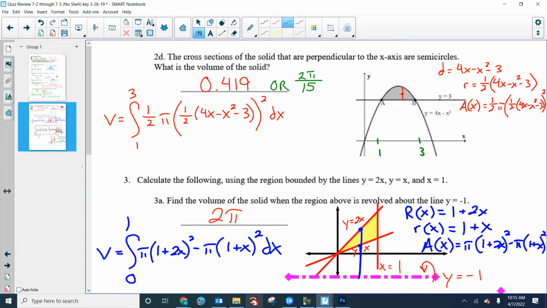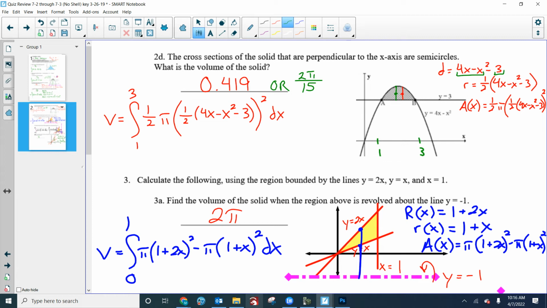The cross sections are semicircles. So, perpendicular to the x-axis. What that means is the diameter of the semicircle would be from there to there. Are you with me? So the diameter is top minus bottom. But we don't want the diameter for the formula. We want the radius. So I took half of that to get the radius.